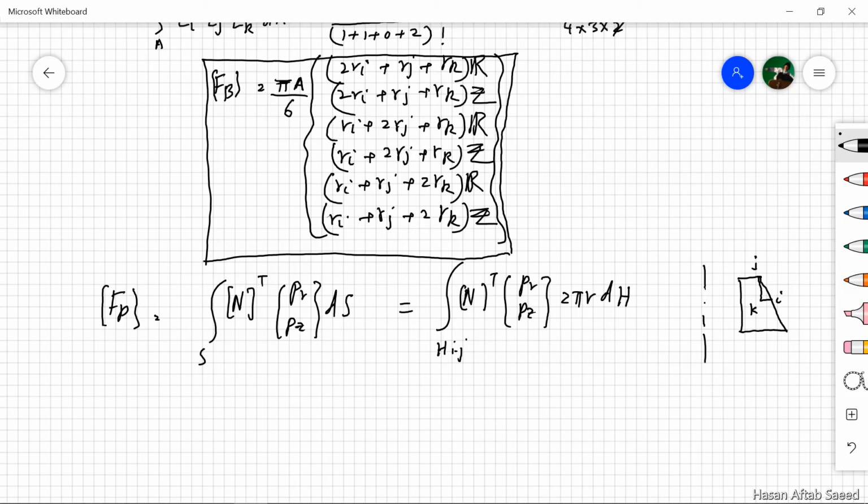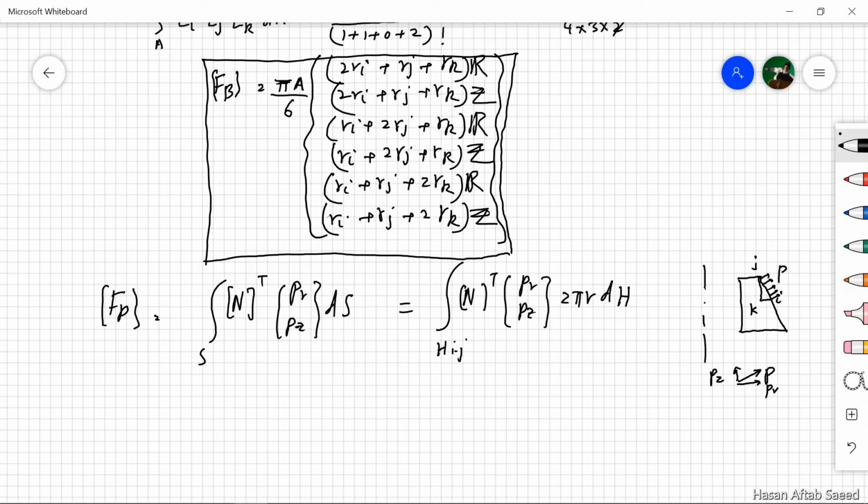Now obviously this pressure is not on a line, but it is basically on a whole area around 360. But we can convert this area, using this 2 pi r formula, into a line integral. And what happens is like this. This is p, then if this is the p direction, then we can convert this into pr and pz.